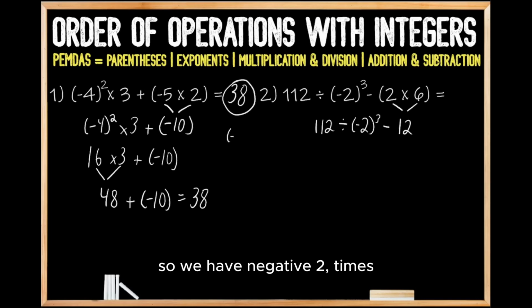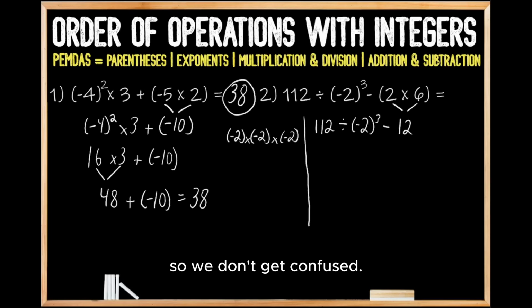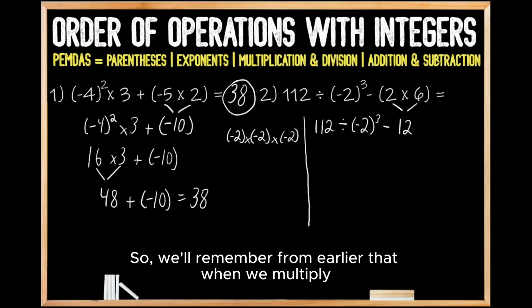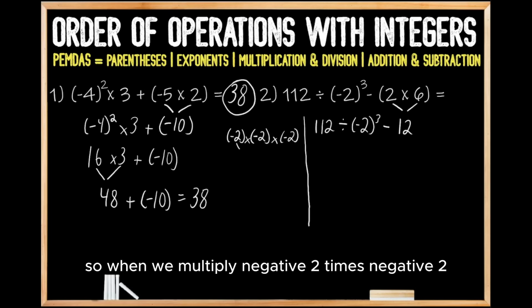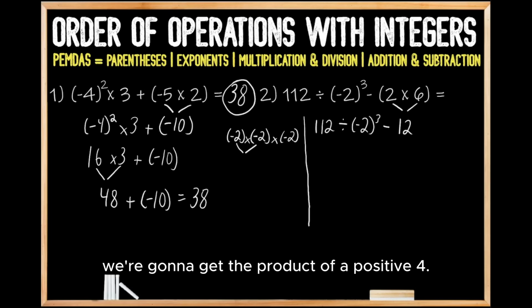So we have -2 times -2 times -2. And we're going to put a line here so we don't get confused. So we'll remember from earlier that when we multiply two negatives, it gave us a positive answer. So when we multiply -2 times -2, we're going to get the product of a positive 4.